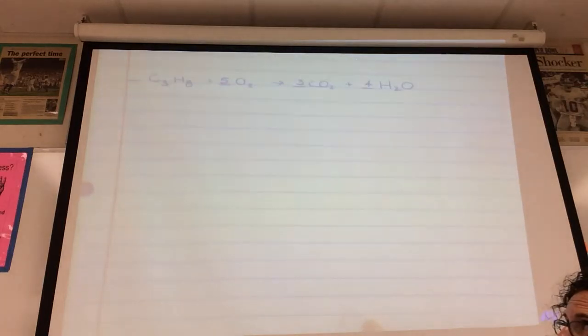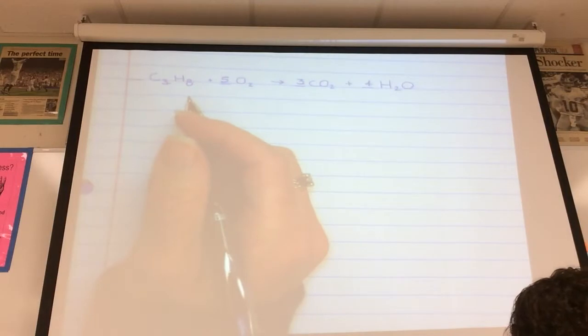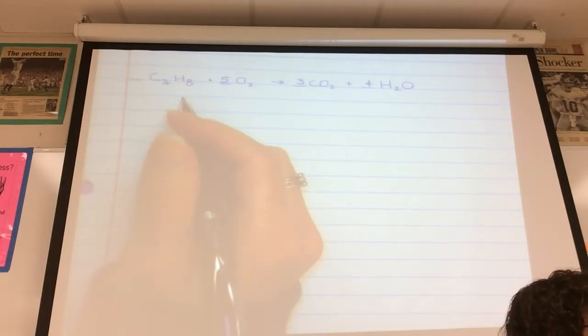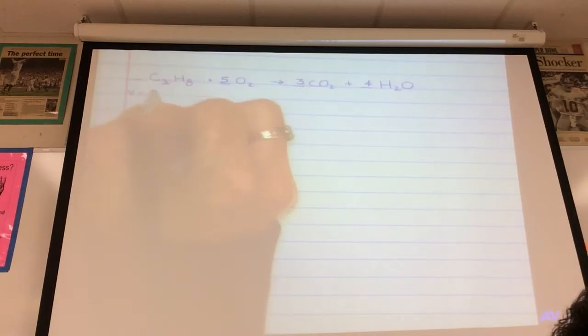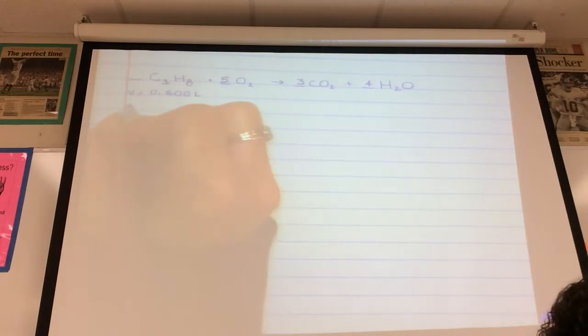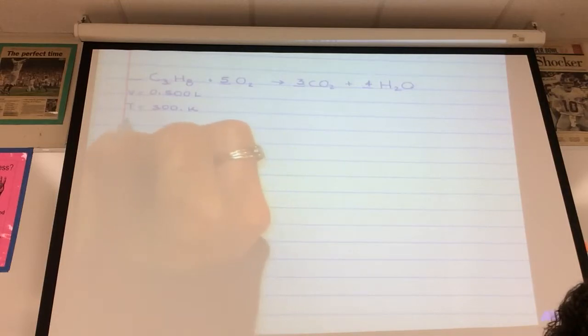That's something you mastered at the honors level. I like to write the information about the substances directly under them. I think it's easier. The volume of propane is 0.500 liters, and the temperature is 27 degrees Celsius or 300 Kelvin. The pressure is 1 atmosphere.